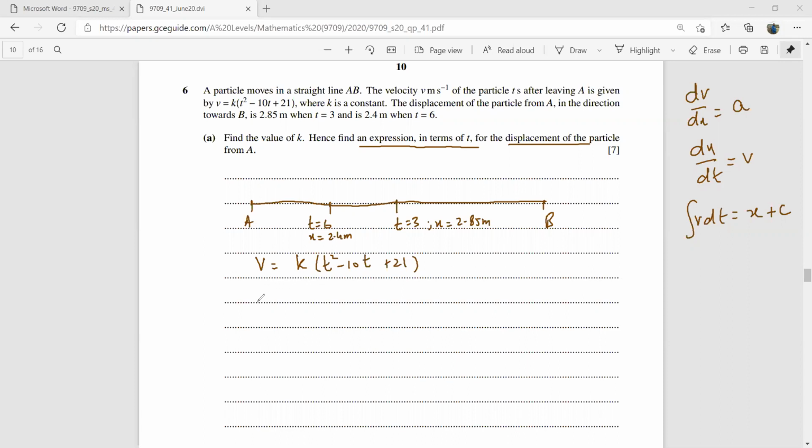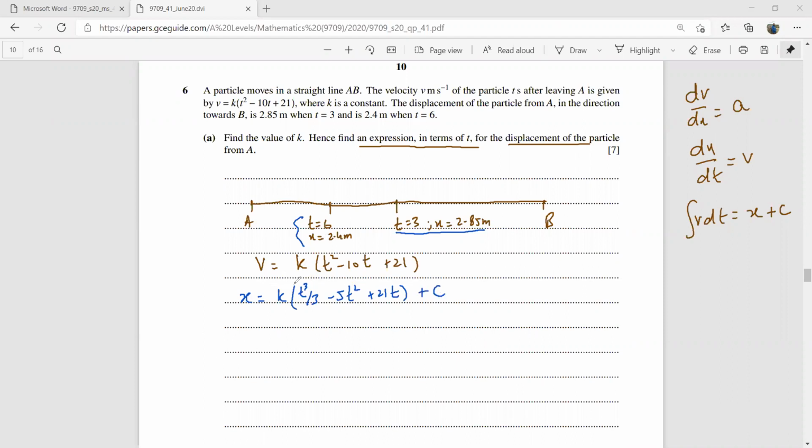Okay, so I have been given 2 points here. This is another pair of the information here. So there's already one unknown k. When I integrate this, there will be another unknown, that would be the c here. So x is going to be the integral of all of this, that is k into t cube over 3 minus 5t square plus 21t, and then there is a plus c.